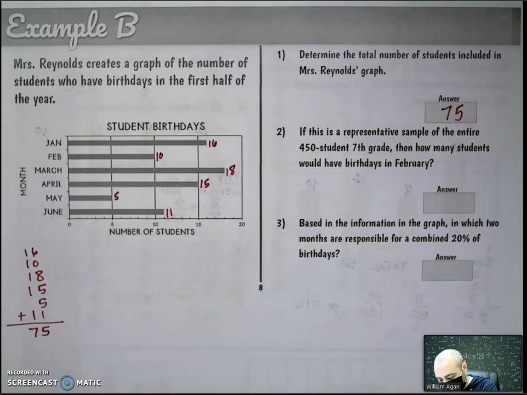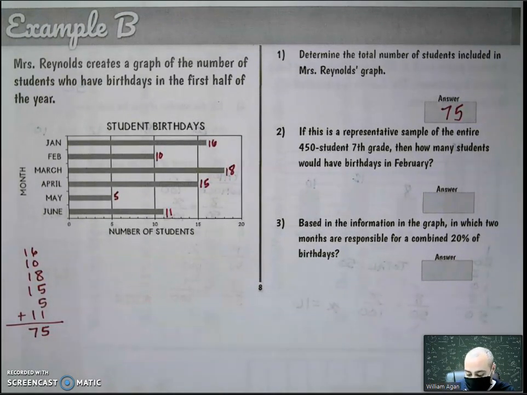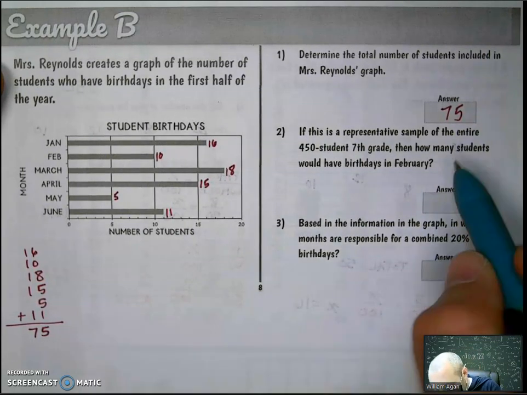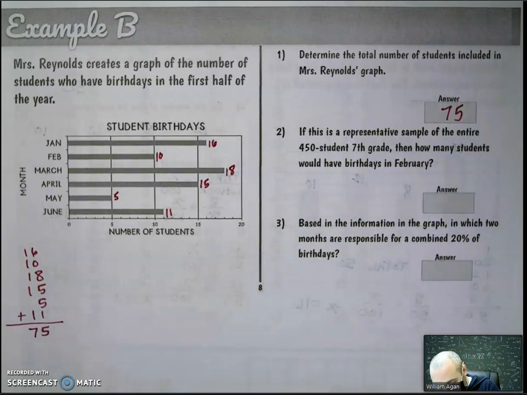Okay, problem number 2 says if this is a representative sample of the entire 450 students 7th grade, then how many students would have birthdays in February? This is a prediction, which is a proportion. Prediction, proportion. This is just like that car example from a while back. You need to use the information that you have.